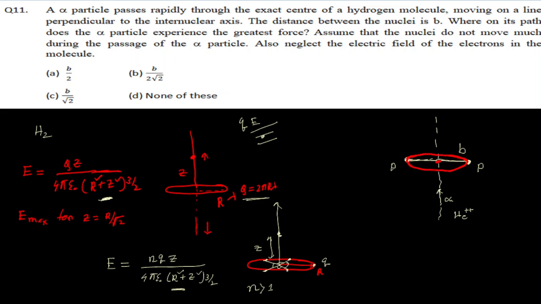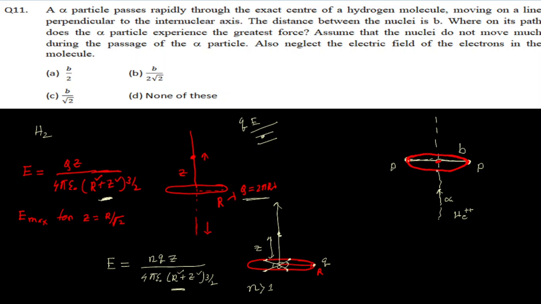So we can see that these two nuclei lie on the circle of radius b by 2. And now if we want to calculate the electric field on the axis of this loop, we have to replace n by 2 because now we have two protons, 2 into q, and the variation will be exactly the same.